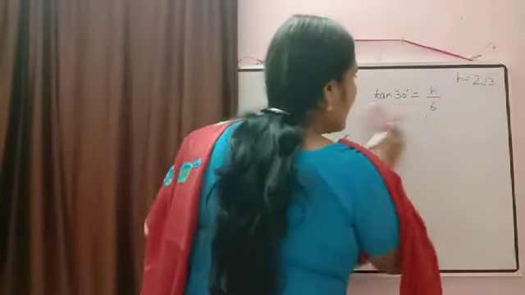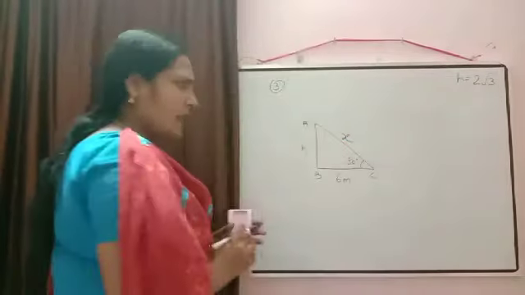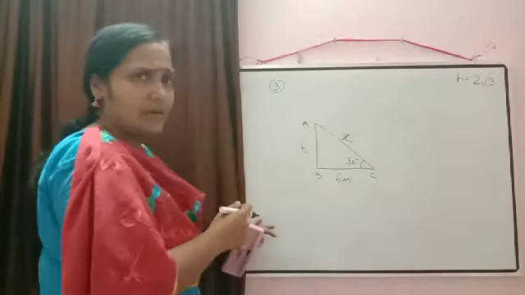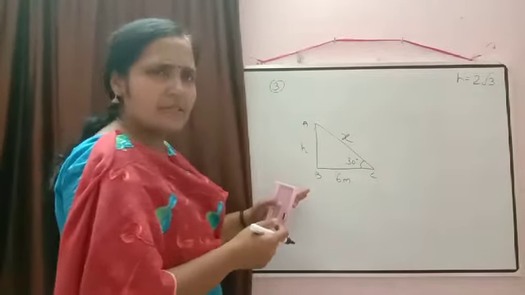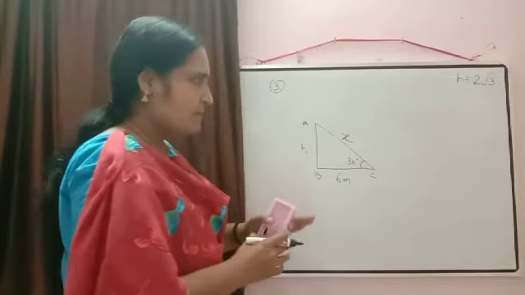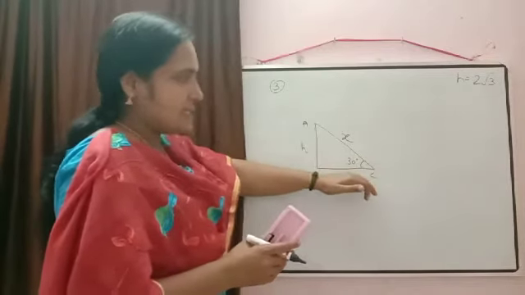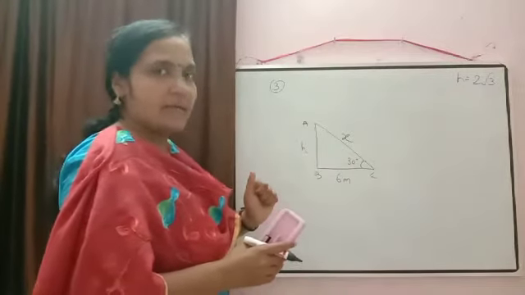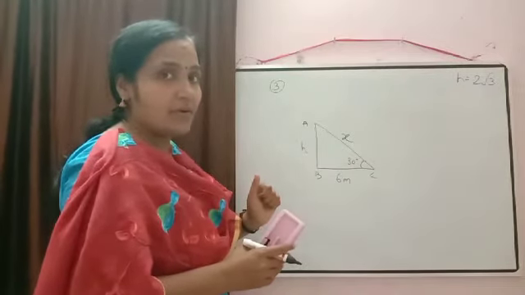Now what we need? We need the value of x also. Now again, either you can use this concept or from base also we can do. So shall we do from base only? No problem there. Now side adjacent is given and hypotenuse we have to calculate. Then which trigonometric ratio?